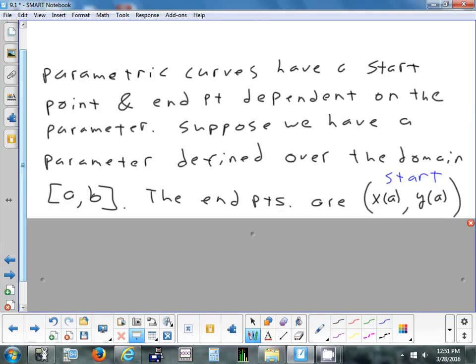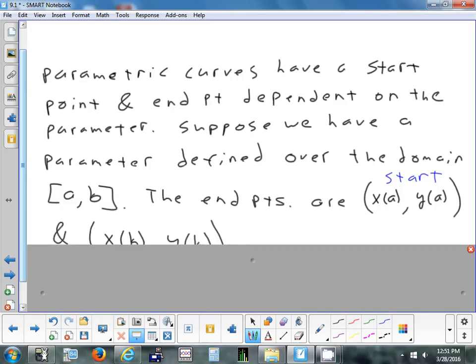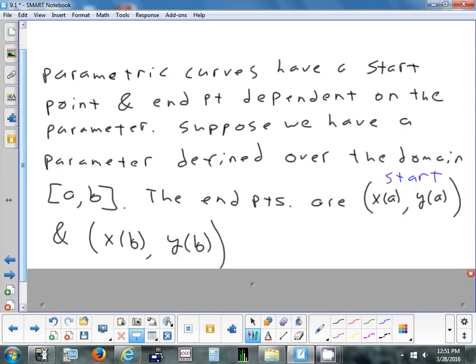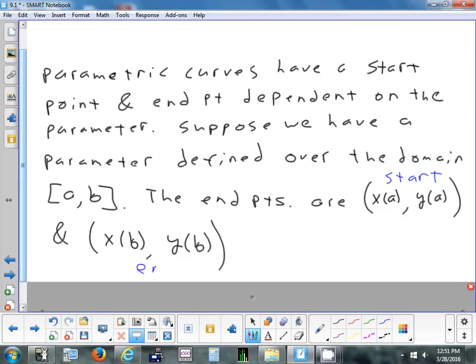Plug the left value of that interval into your formula for y, see what you get. That's your start point. What letter do you think you're going to use to get your end point? B. You're going to take B, plug it into your formula for x. Then you're going to take B, plug it into your formula for y. And that's the end.